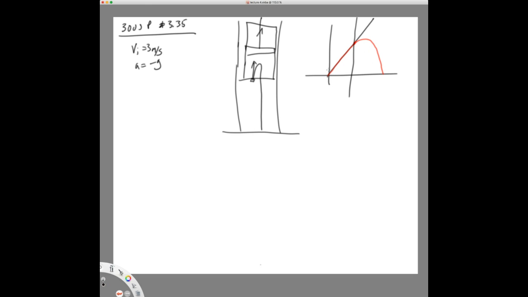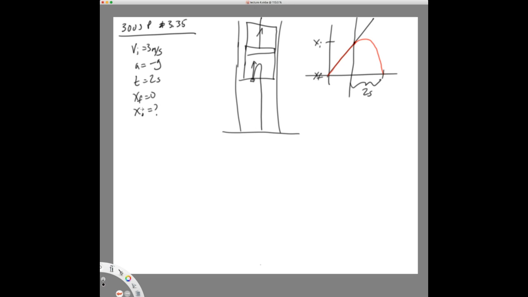So it says the nut strikes the bottom of the shaft in 2 seconds. So from here to here is 2 seconds. We can just say t equals 2 seconds. And the first question is, how far from the bottom of the shaft was the elevator when the nut fell? So we want to know sort of x initial for the nut. And the x final is down here. So x final equals 0, and x initial equals question mark.